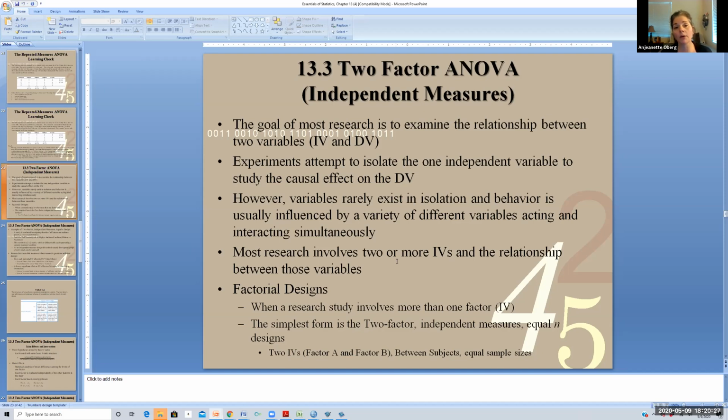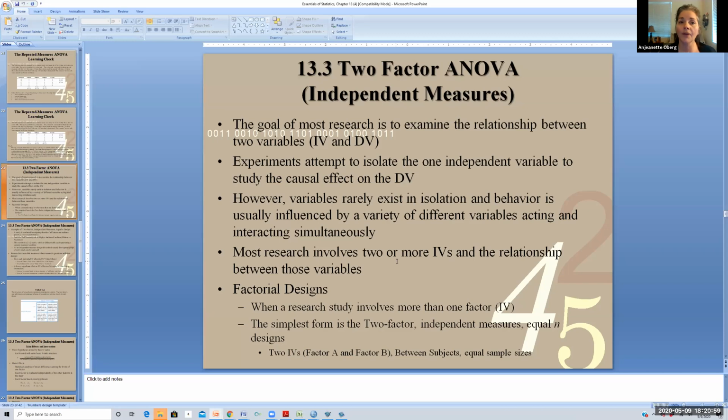So we've studied one-way ANOVA and we know that one-way ANOVA corresponds to a single factor design where you only have one independent variable, and that can either be a between subjects or a within subjects design. If it's between subjects, there are different people in each group or condition, and therefore we do an independent measures ANOVA.